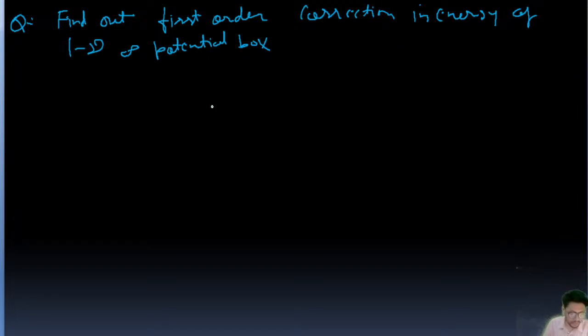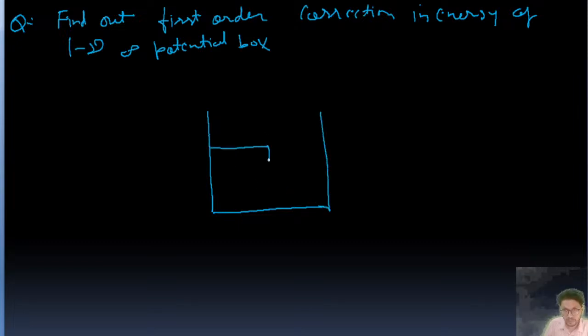Okay, so we have been given this one. This is 0, this is L by 2, and this is L. Okay, and this is V naught.